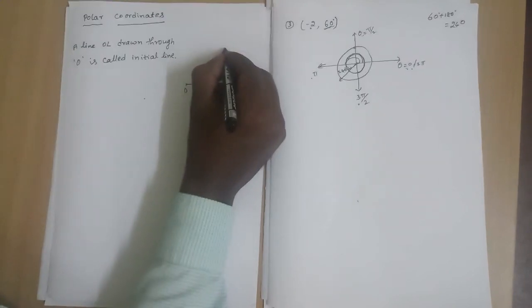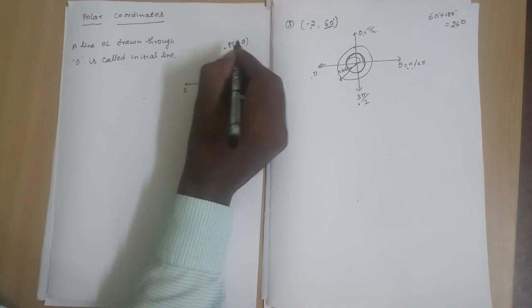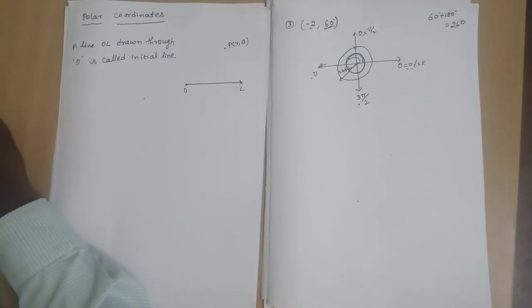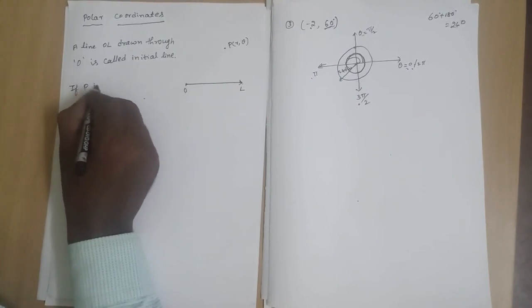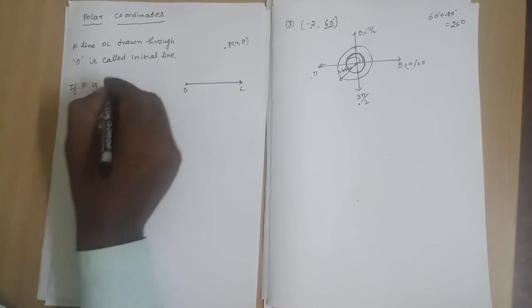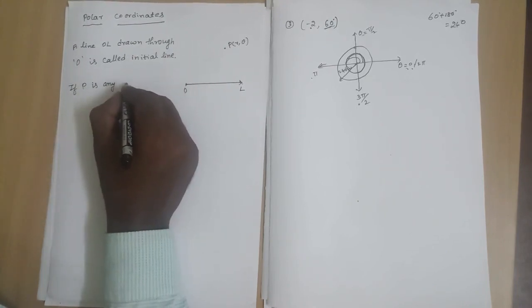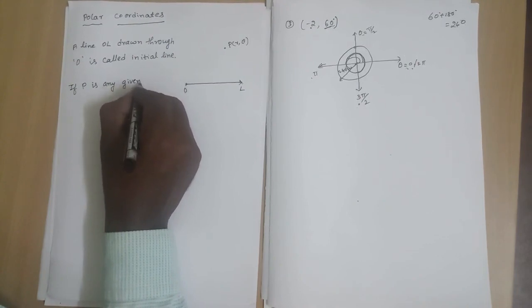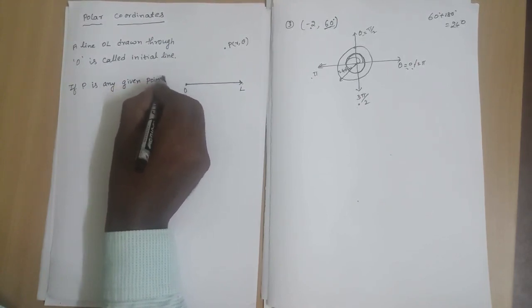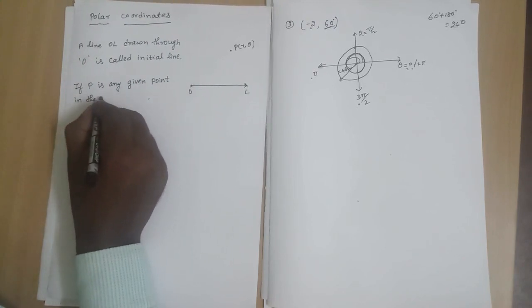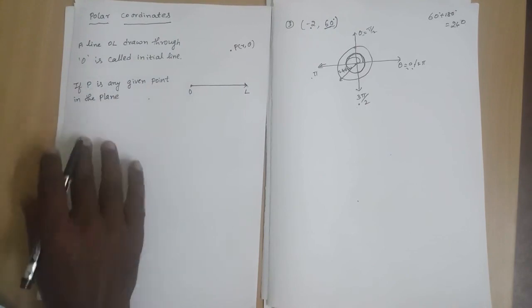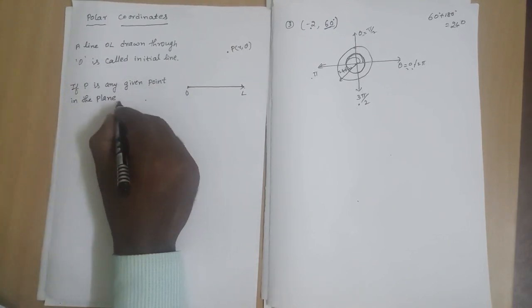And here I plot one coordinate, P of r comma theta, any given point in the plane.